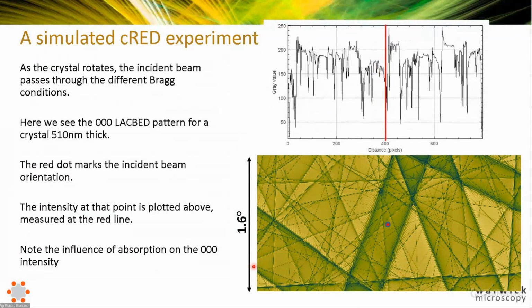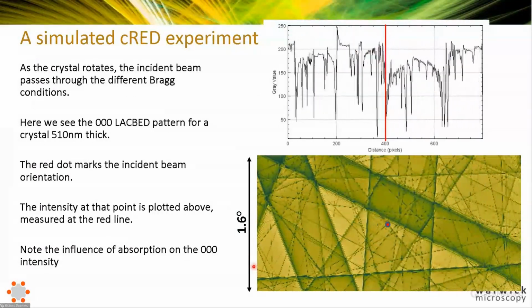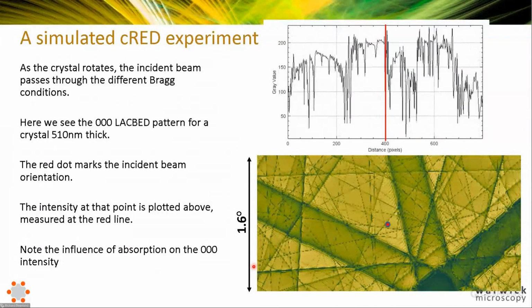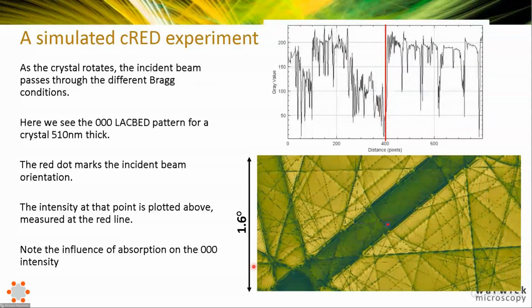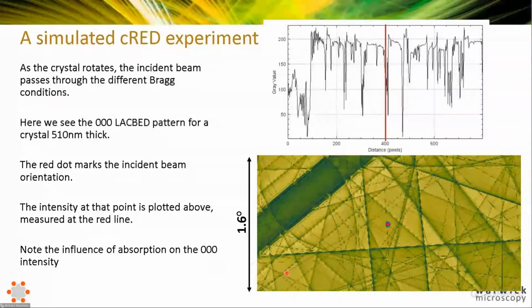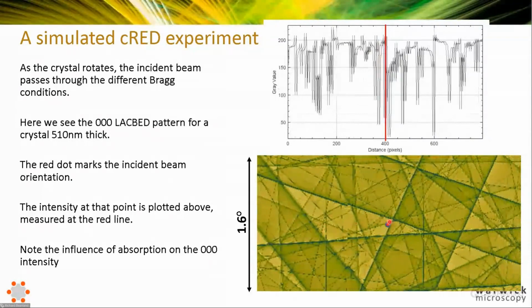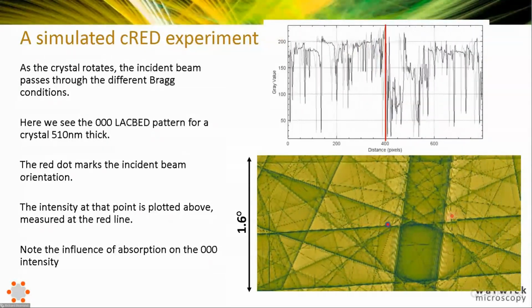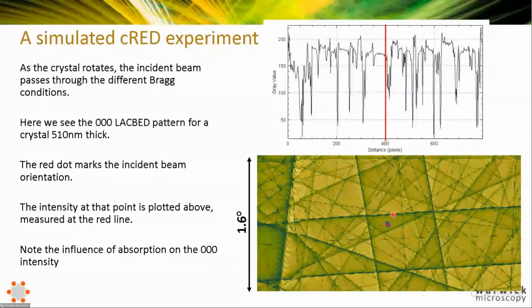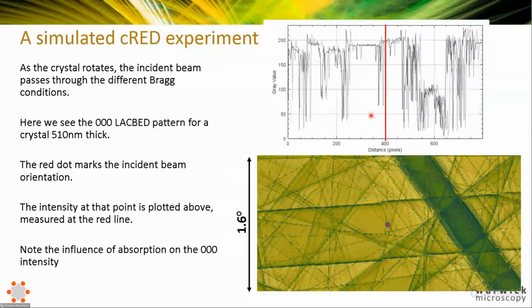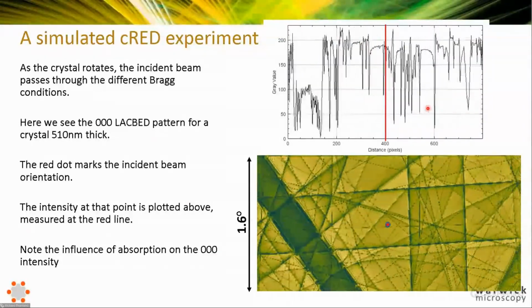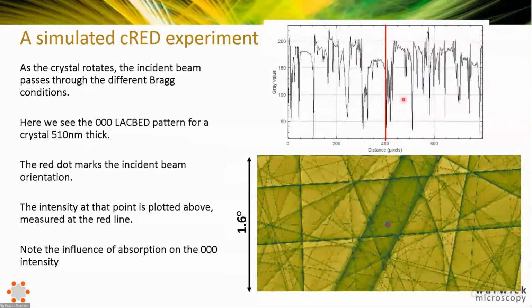And that's exactly what you'd expect if you look at one of these LACBED simulations. So this is your incident beam orientation as your crystal rotates, or your Bragg conditions move, and every time you cut through one, you produce a diffracted beam.